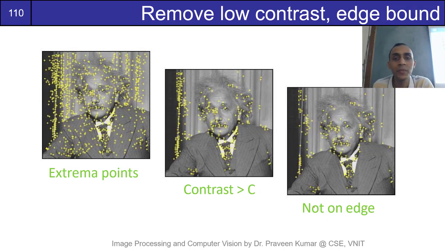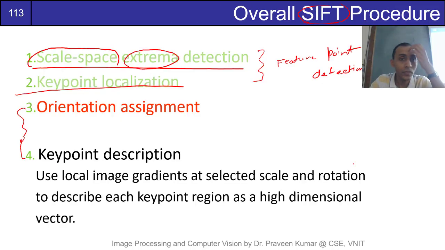Harris corner was explicitly avoiding edge response. Here we were not using anything, so there are possibilities that we may get points on edges. So we filter those out also to get our key point locations.